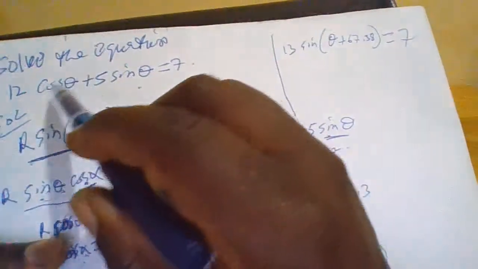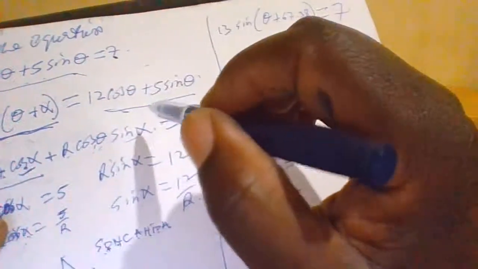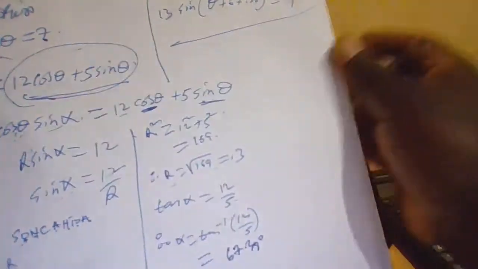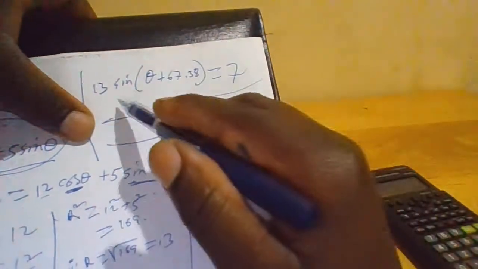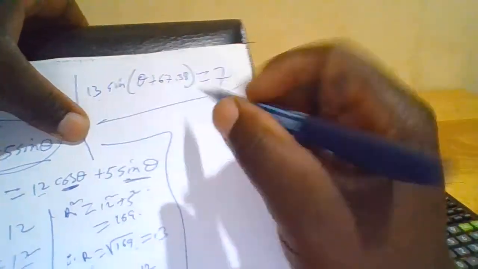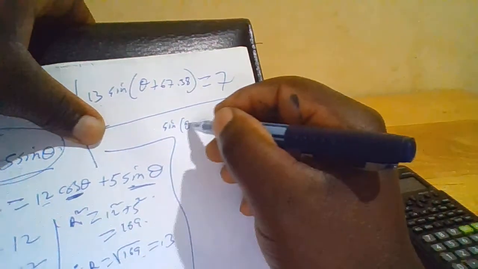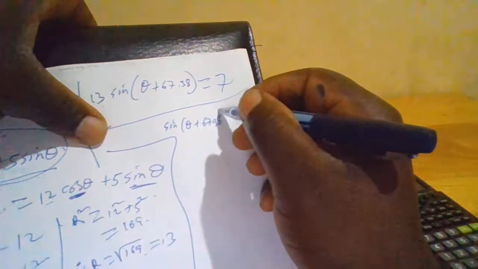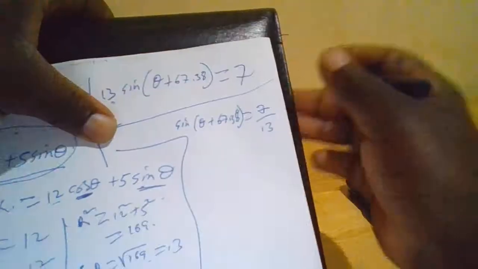Remember, the equation says 12 cos theta plus 5 sin theta equals 7, so we replace this with 7. From here you can divide through by 13, so that we have sin(theta plus 67.38) equals 7 over 13.